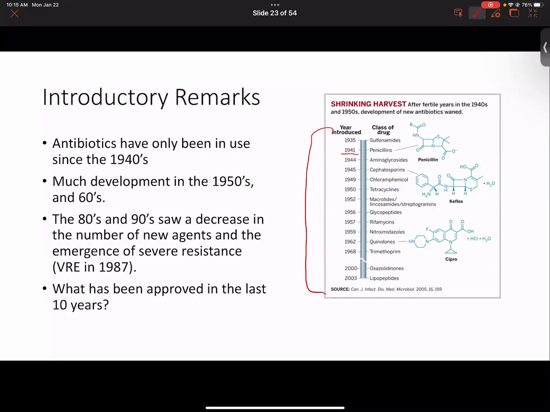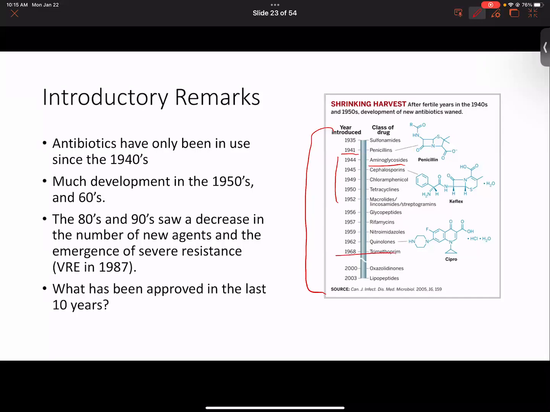They just didn't have the ability to grow up enough mold to generate enough metabolite to procure it for use as an antibiotic. It took a long time to figure that out. The aminoglycosides, again from a Streptomyces species, were identified in the 40s. This was a very, very exciting time for antibiotic discovery and development.